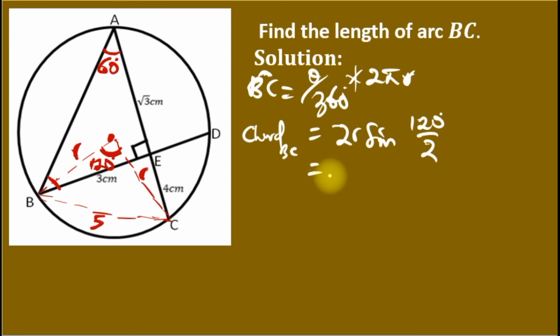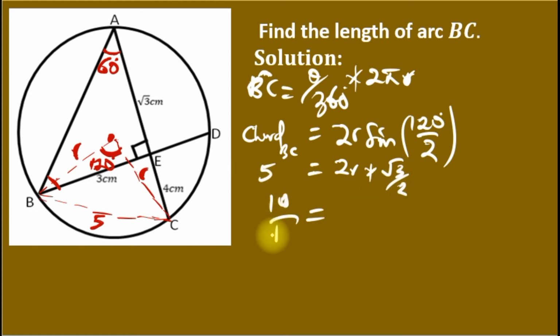So we have our chord length is 5. Let's make 2r the subject of the formula. This is 2 radius, this is sine 60, and sine 60 is root 3 over 2. So we have 10 over root 3 equal to 2r.